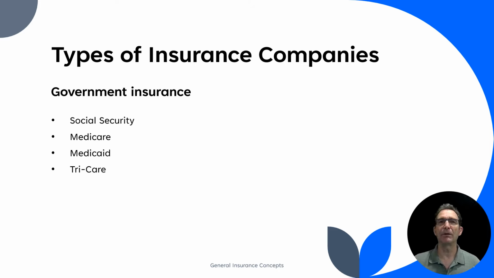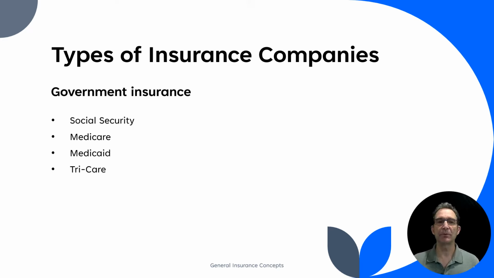Medicare, many of you have probably heard of Medicare. It's a government insurance program for people over 65. Medicaid is another government insurance that's designed to help people with low income to cover health care costs. So again, all these are funded by the government.